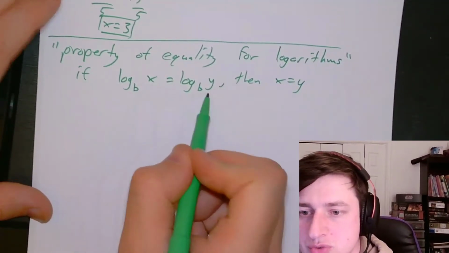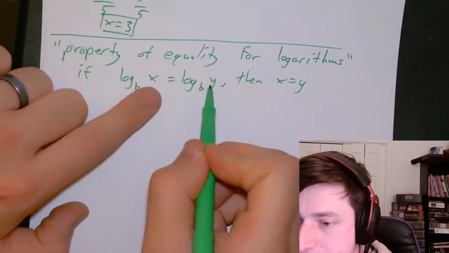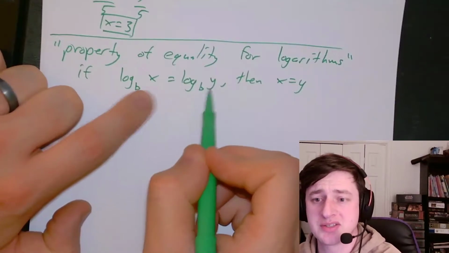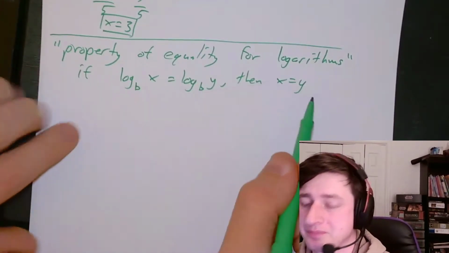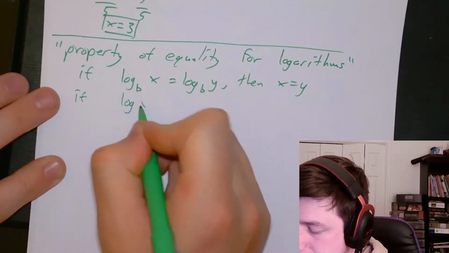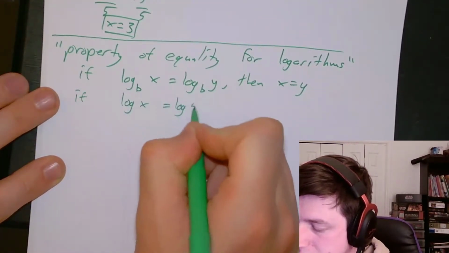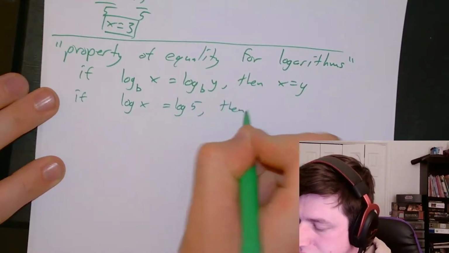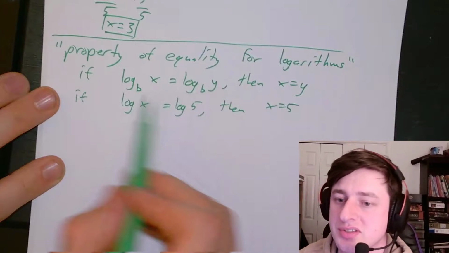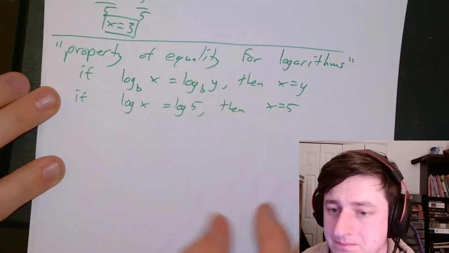We have two logarithms with the same base. Their innards, the things inside of them, the x and the y, if they're the same base and they're equal, they have to be the same. Doesn't matter what the base is, as long as it's the same on both sides of the equal sign.